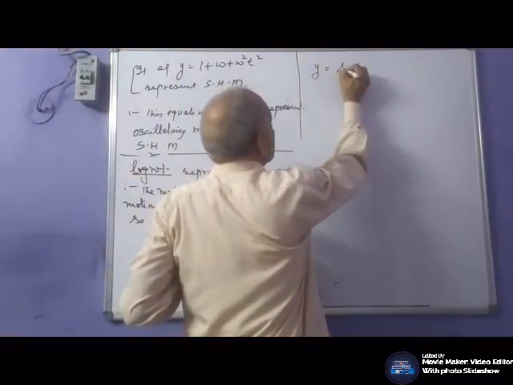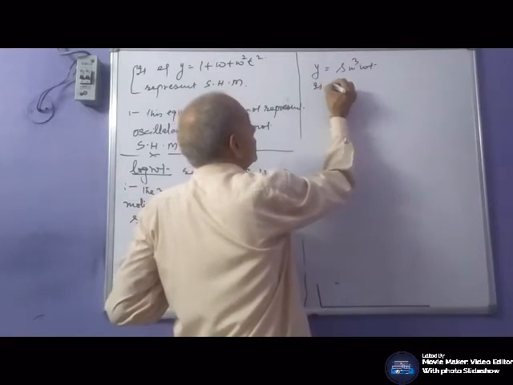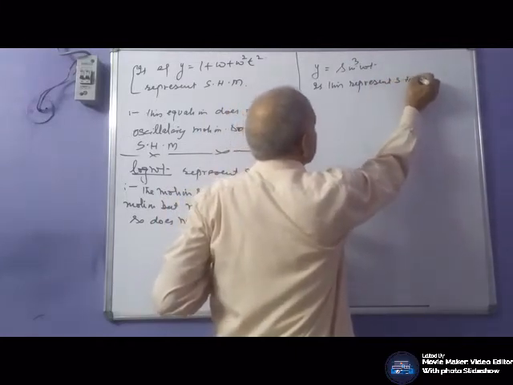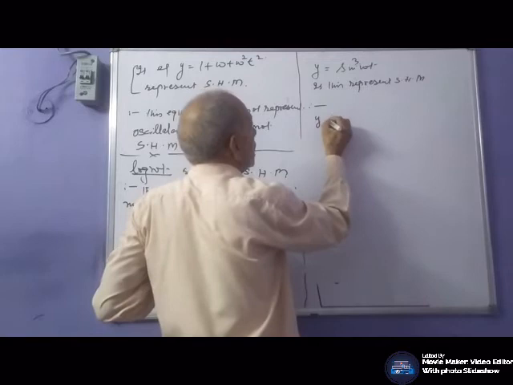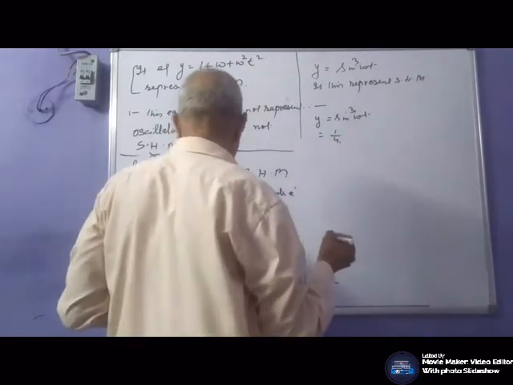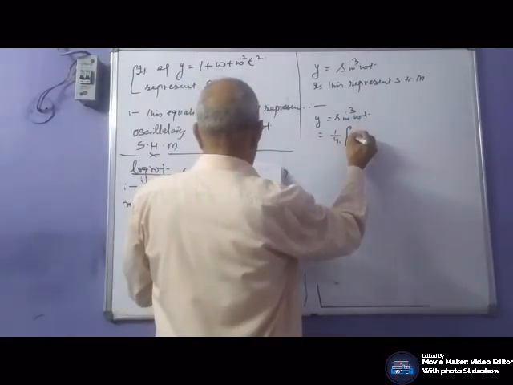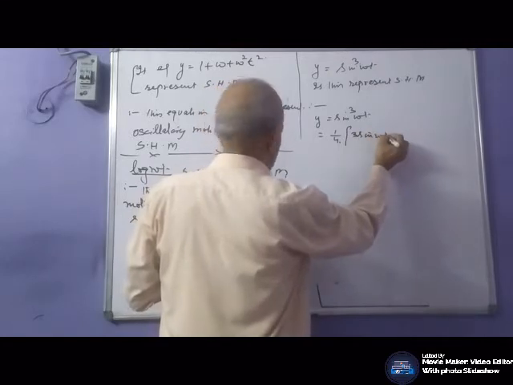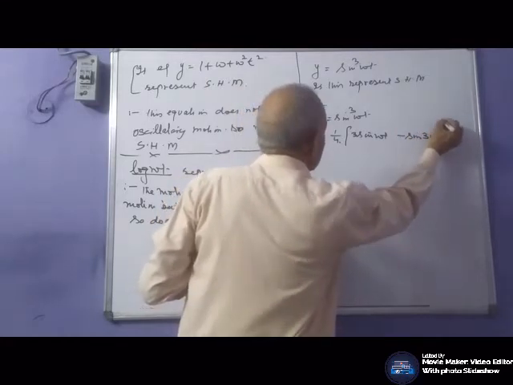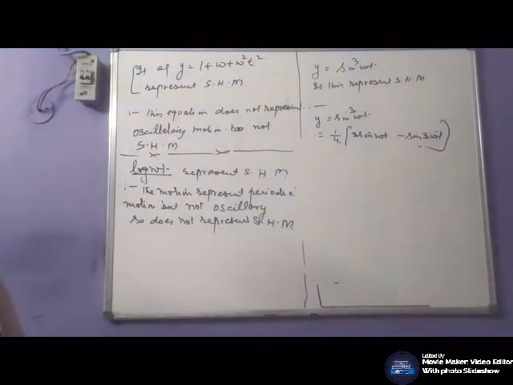y equals sin cube omega t. Does this represent S.H.M.? y equals sin cube omega t, if you solve it, this will be sin cube omega t.